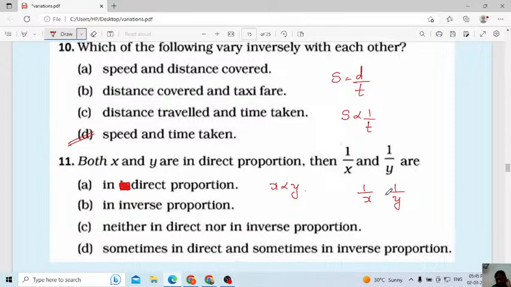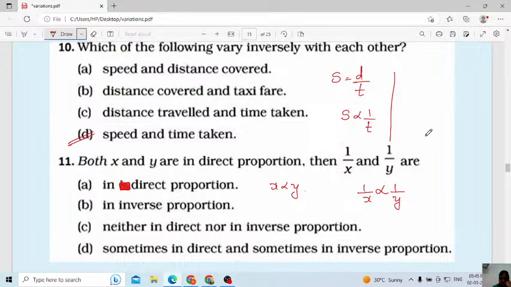Sometimes direct, sometimes inverse. I will tell one example. 2, any number I will tell. Yes, everyone is telling. If for any two quantities they have taken 1 by that number, this also 1 by that number, then it will be directly proportional.